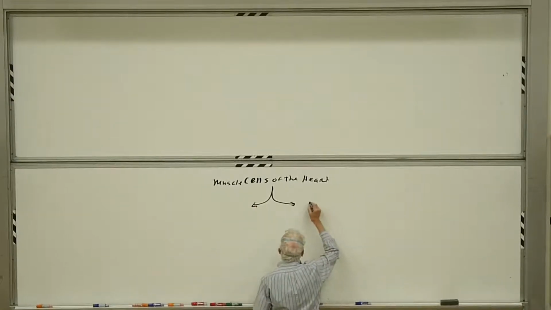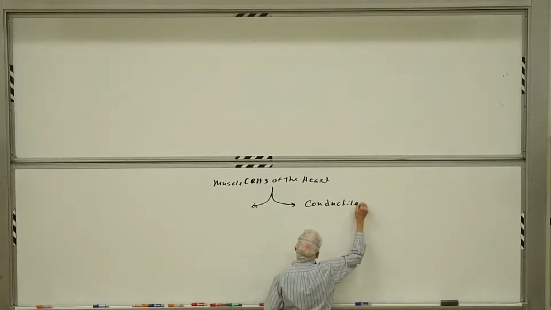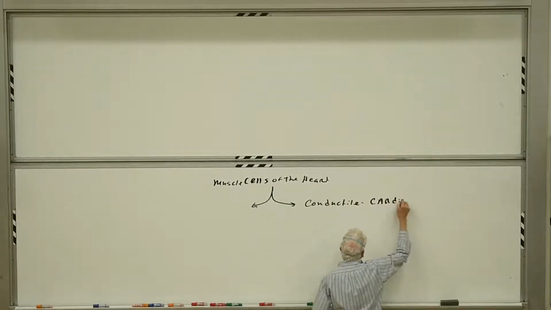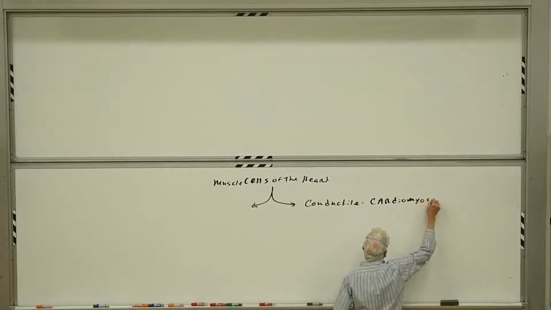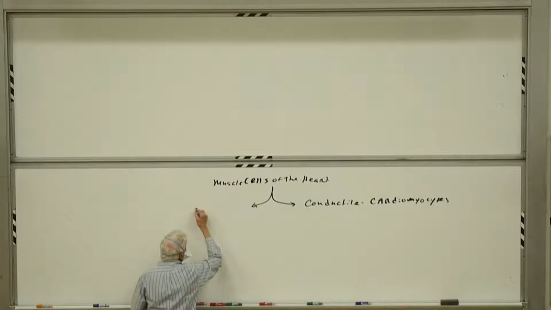One are the conductile cells, and we'll call them conductile cardiomyocytes. And the other crew will be the contractile.